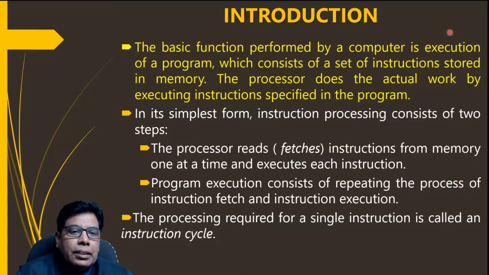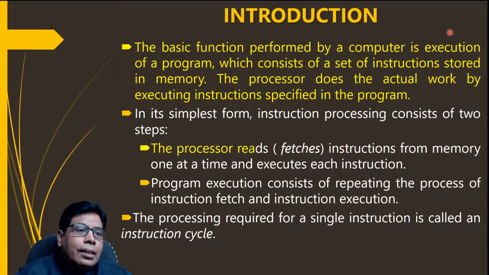So the processor does the actual work by executing instructions specified in the program. So if you take a program, it will have instructions, or we call it a set of instructions, and it is the job of the processor to execute instructions.